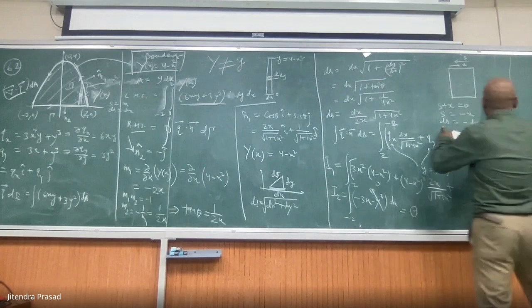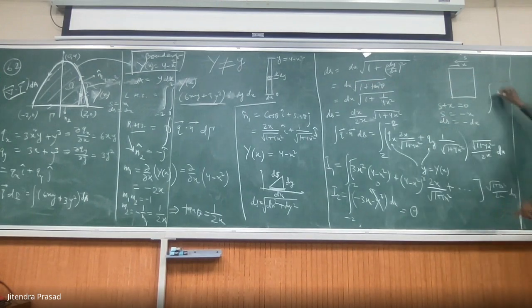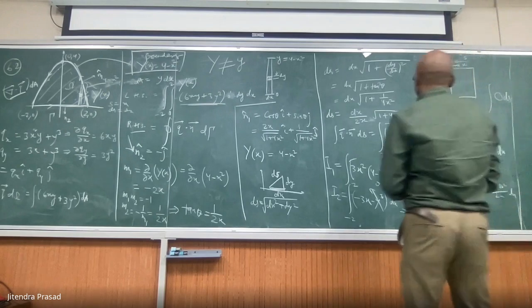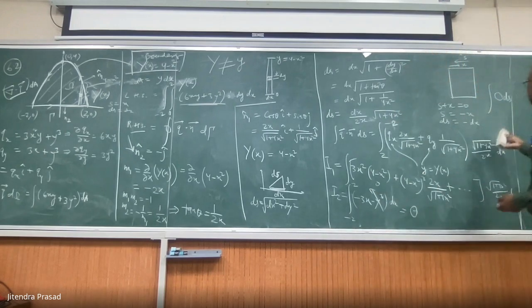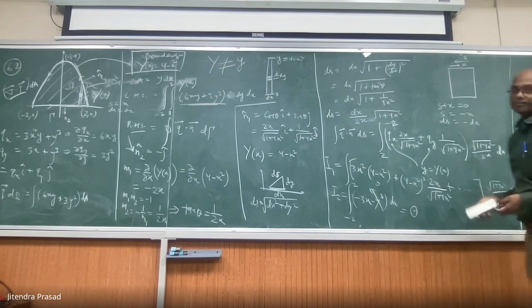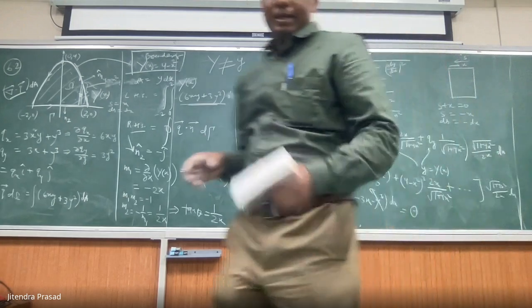Here also, whenever you write some value and then ds, you have to look at how the s value is changing, and accordingly you have to put the value. So those you have to find out. So, any question, guys? Any question?